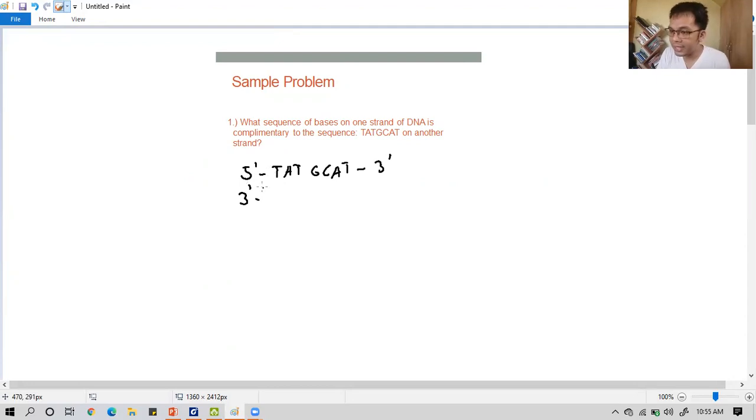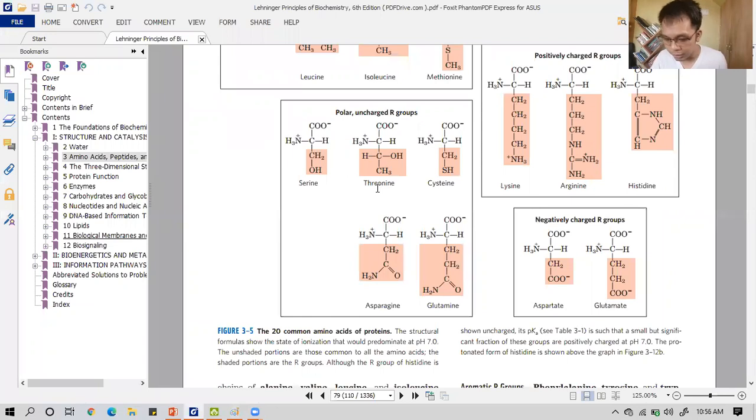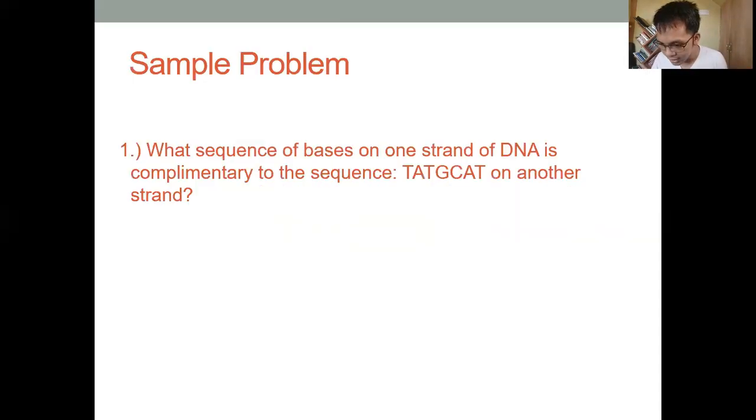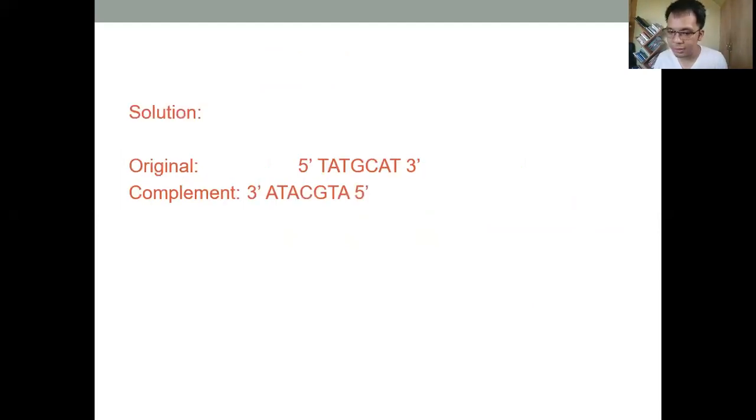Ang complementary niyan, di ba, sa Watson and Crick, si A ay para kay T, and si T ay para kay A. Kapag si G naman, that is C. So, tignan natin kung tumama tayo, guys. Although may answer key naman, pero syempre, iba pa rin yung change. O, di ba? Tumama. ATACGTA.